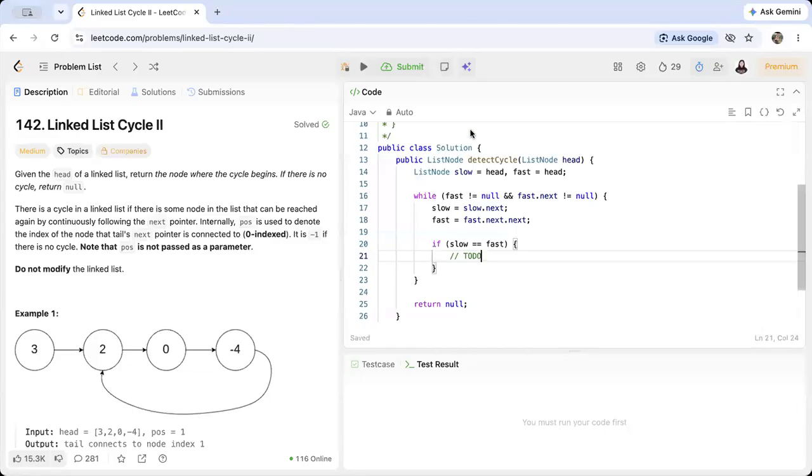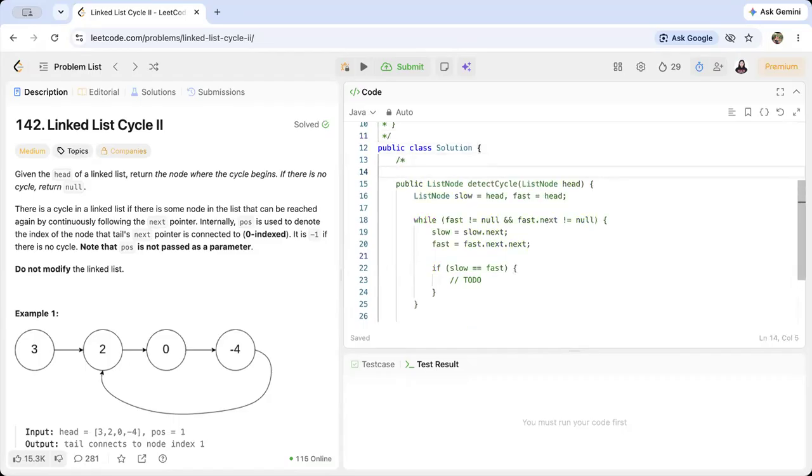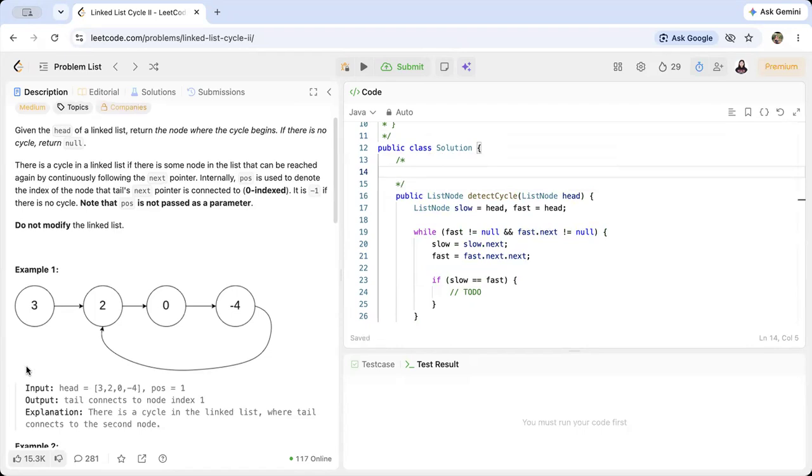Let's do some maths here to understand this question better. There's a non-cyclic part and there's a cyclic part. When slow is equal to fast, we know that there's a cycle, correct? Let's say L1 is the length of the non-cyclic part.